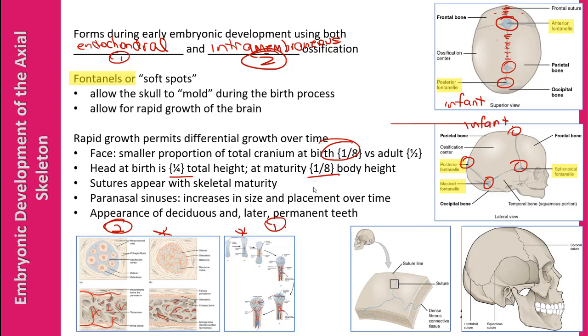And so what happens is as the baby grows, then the sutures will form as the brain stops growing. And then you've got the appearance. You can see as a baby, there's no teeth over here, and the teeth then appear over time as baby teeth or deciduous teeth, and that's later replaced by permanent teeth.